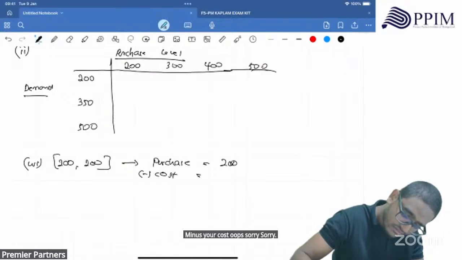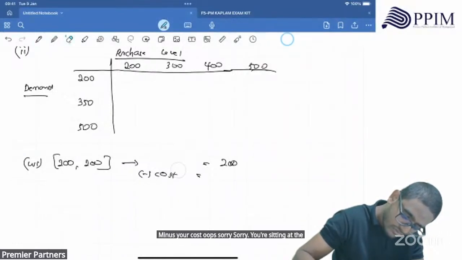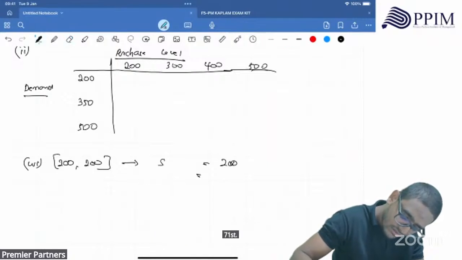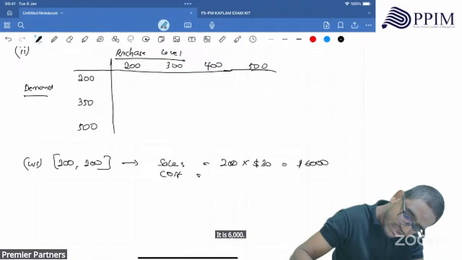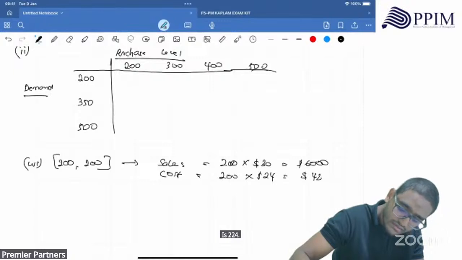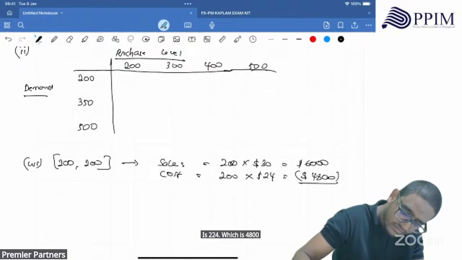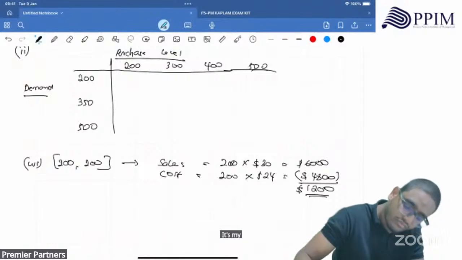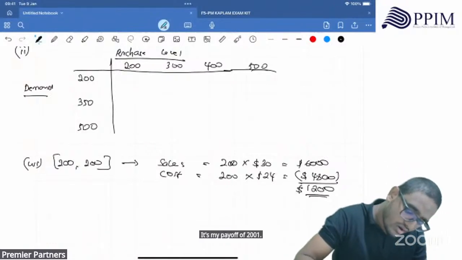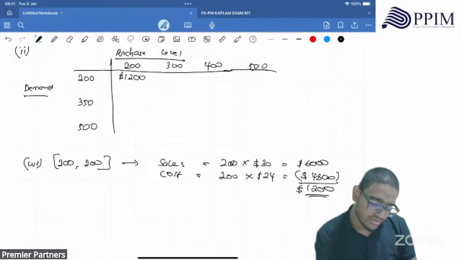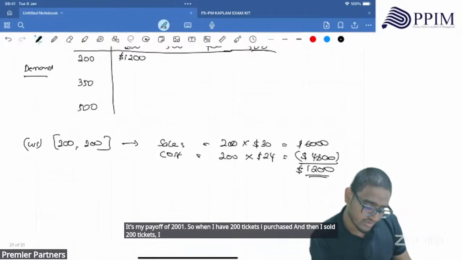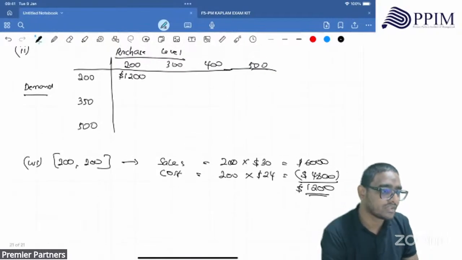Sales: 200 at 30, which is 6,000. My cost is 200 at 24, which is 4,800. This difference is my payoff of 1,200. So when I purchased 200 tickets and sold 200 tickets, I make a profit of 1,200.